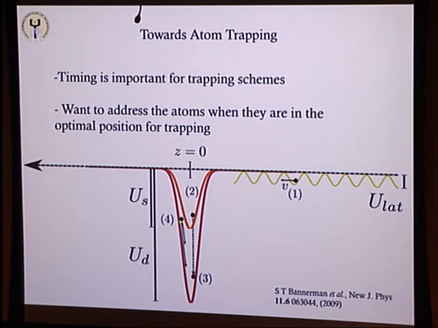But now they have time. They're kind of rolling in. There's actually no cooling here, so this is sometimes called single photon cooling. It's not really. You're just transferring it to a different surface where the kinetic energy is the same, but the potential energy of that surface is very different.